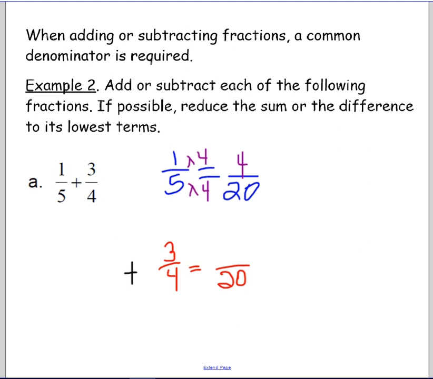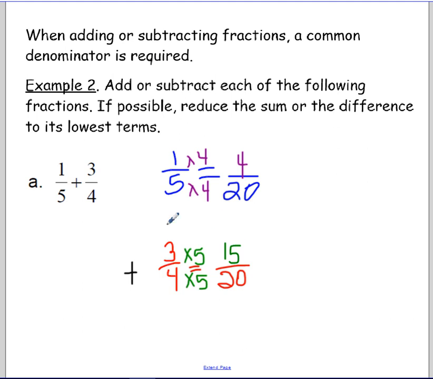And so for our second fraction, 3/4, we want to change it to an equal fraction with a denominator of 20. So 4 times 5 gives us 20. So that means we'll have to multiply 3 times 5 to get our new numerator of 15. So again, they're equal fractions, and if I reduced 15 over 20, I would get 3/4.